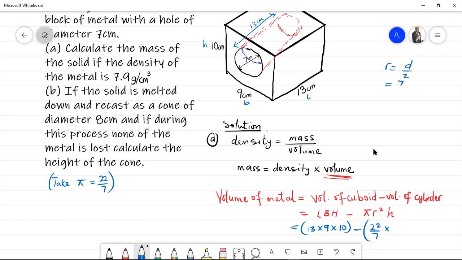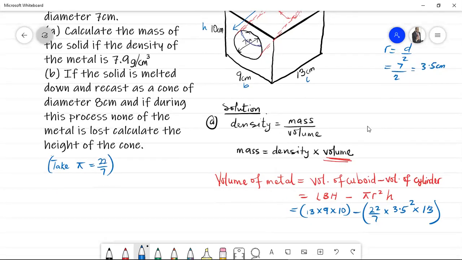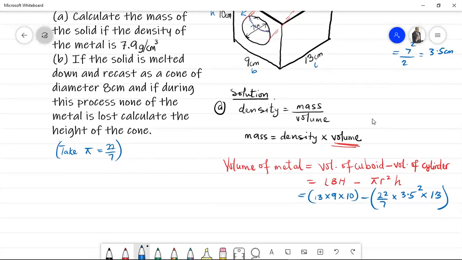So you can do 7 centimeters over 2, and you get a radius of 3.5 centimeters. Since the radius for the cylinder is 3.5, we can then have 3.5 squared and multiply by the height, which is also 13 centimeters. So to complete this calculation, we're then going to have the following.